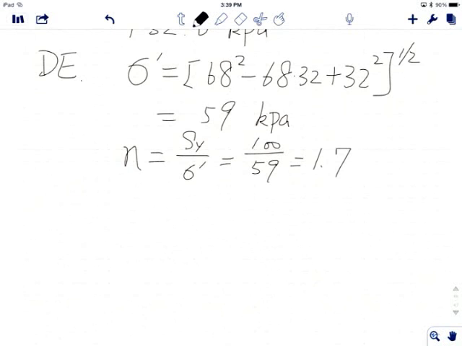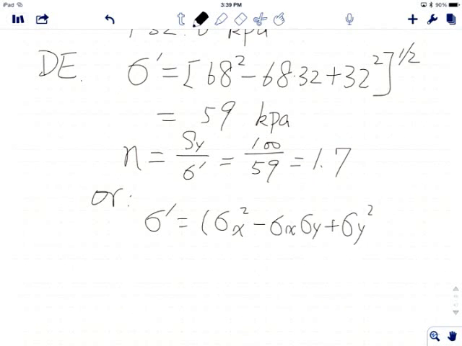Actually, I'm going to show you another way of doing it. Remember, at the end of Tuesday's class, we also introduced a von Mises stress calculation that includes a shear stress component. This is what you can use.